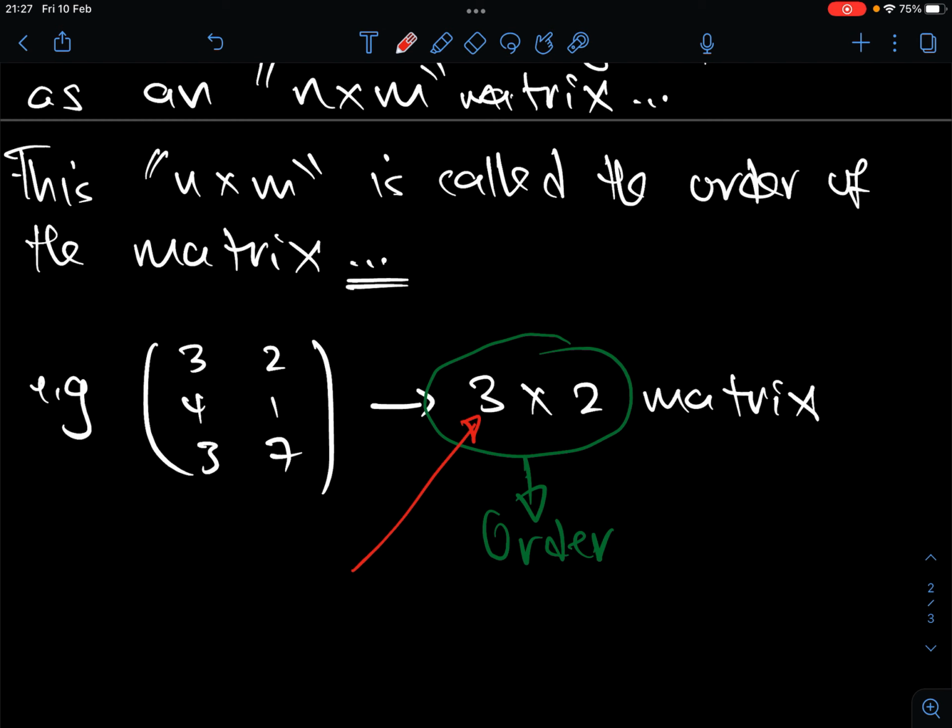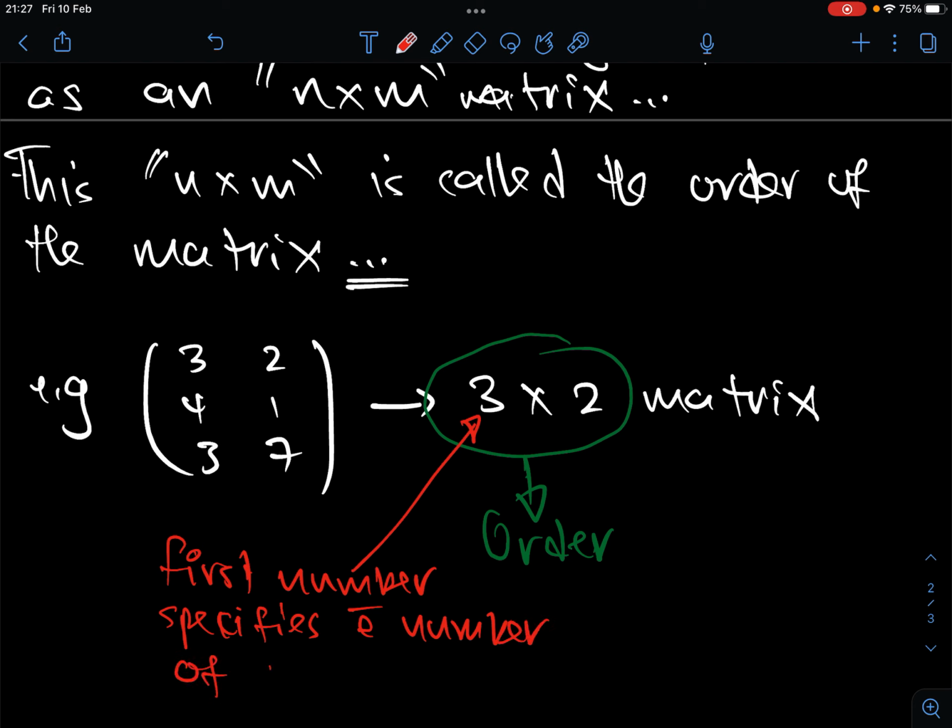So the first number specifies the number of rows, and then the second number specifies the number of columns.